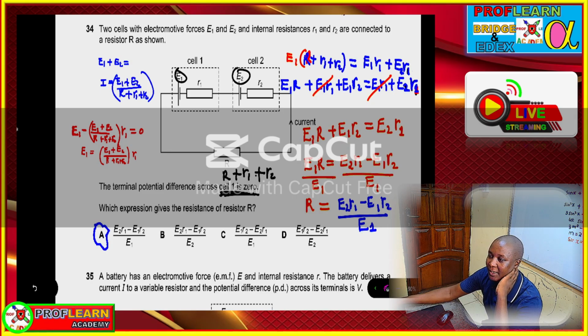IR is the potential drop due to the internal resistance of the cell, and V is the terminal PD.